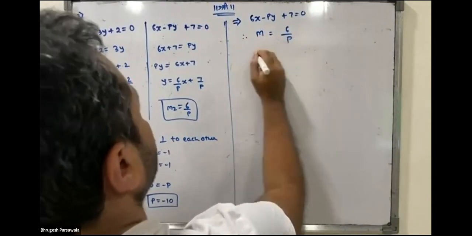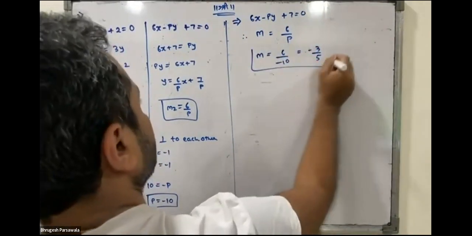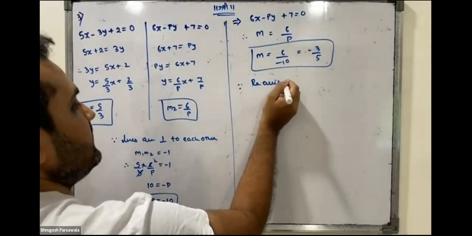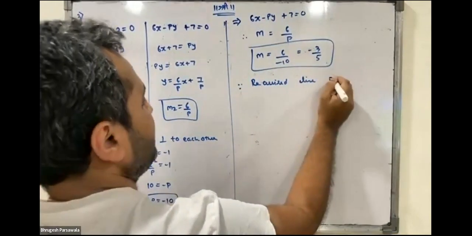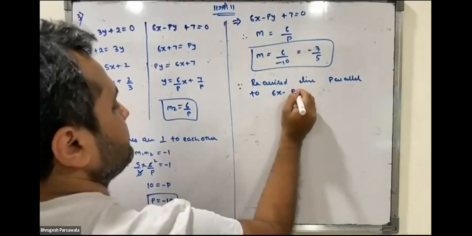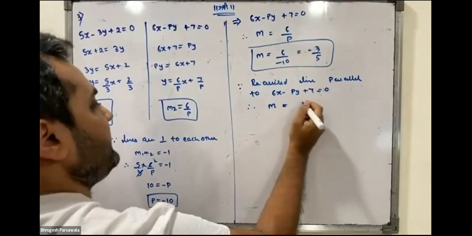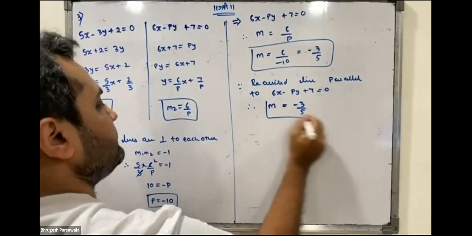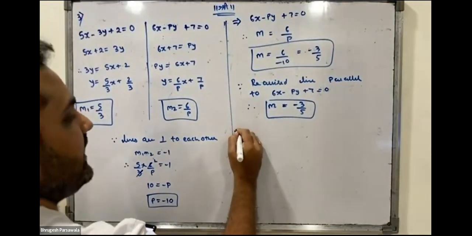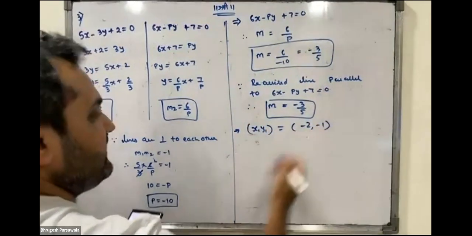Since my required line is parallel, the slope has to be the same. My required slope is minus 3 by 5. Slope remains the same, beta. Will you agree with me? And the line is passing through minus 2, minus 1.